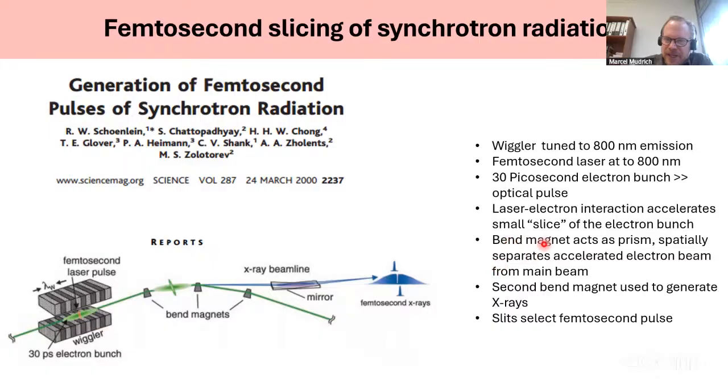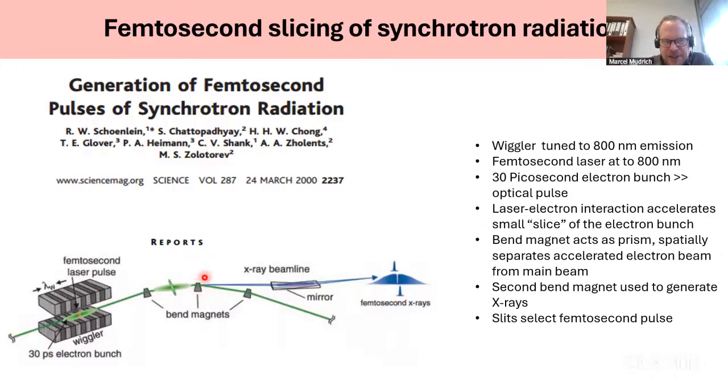And so the bending magnet here acts as a prism and spatially separates this slice of accelerated electrons away from the main beam. And now in the next bending magnet, remember that any bending magnet that exerts a force and thus an acceleration on electrons also induces the emission of radiation, because any accelerated charge emits radiation.